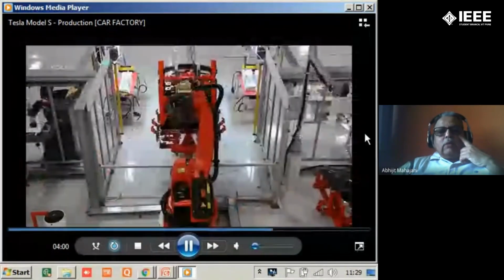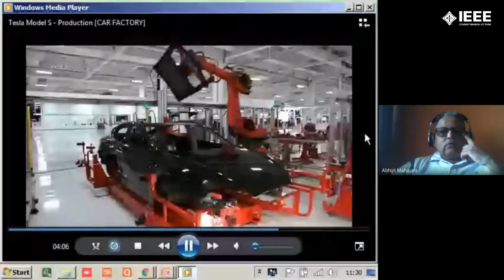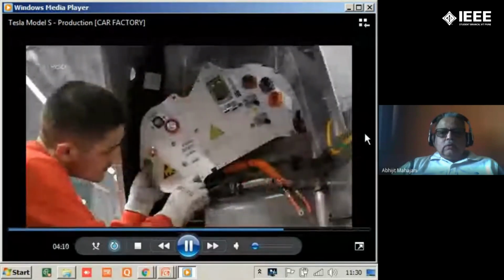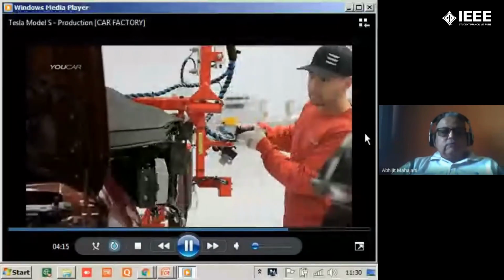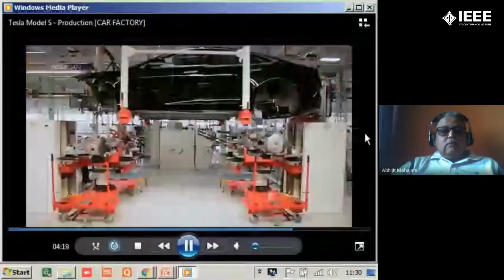Everything else is automatic. Here comes the roof. Now this is a critical component, so it's being done manually. The dashboard is one process which people have not been able to automate even today. Wheels are getting attached.